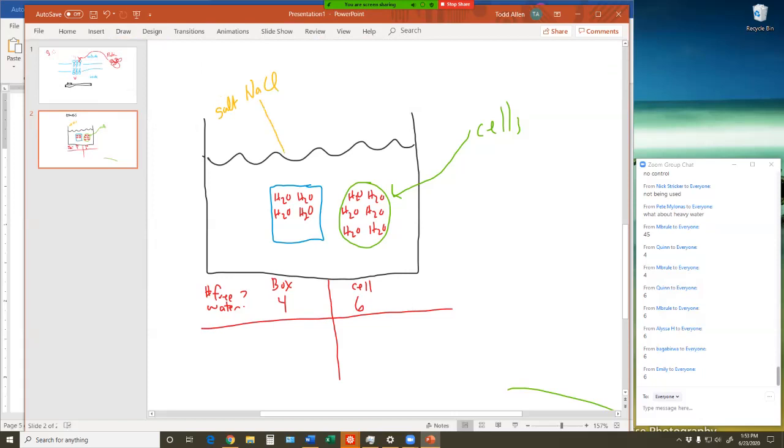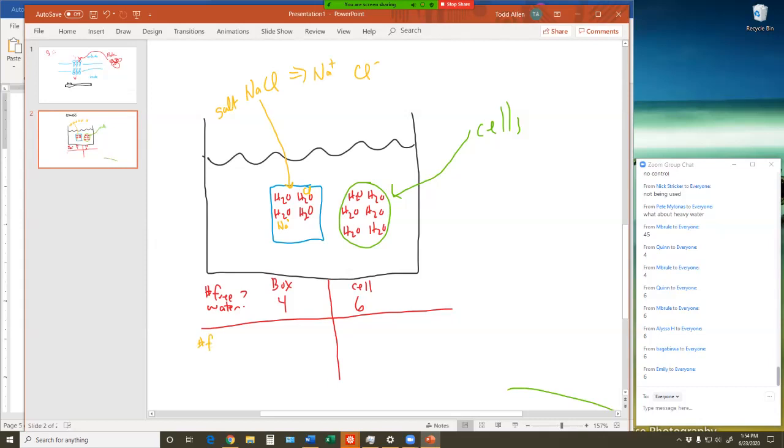Okay, now, obviously in water, sodium chloride is going to separate into sodium ions and chloride ions. So that means that the sodium ion might be able to interact with this bottom water, and the chloride ion might be able to interact with that top water molecule.